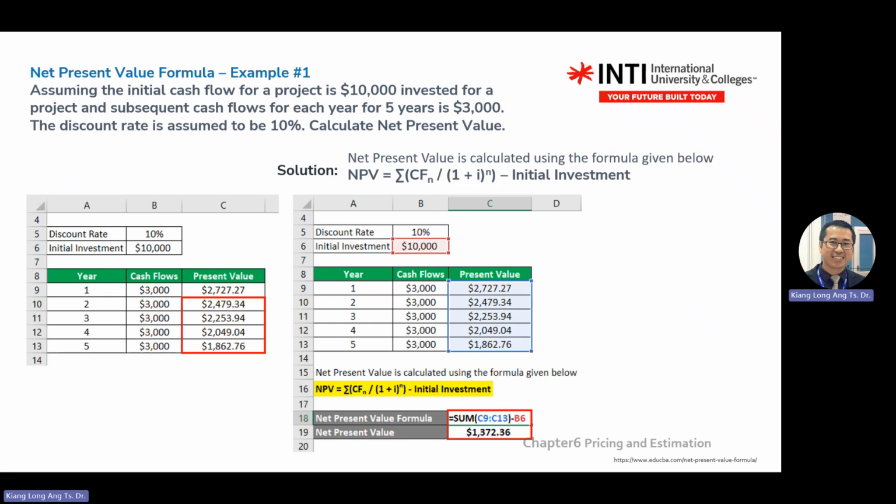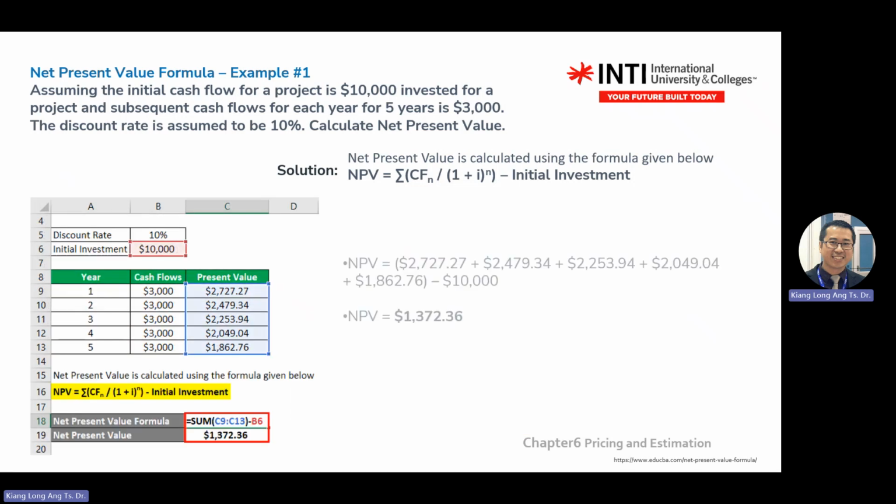At the end of the 5 years, the total money you collected gives you a positive surplus of 1,372.32, assuming the interest rate is the same every year, 10%. This is one of the examples.